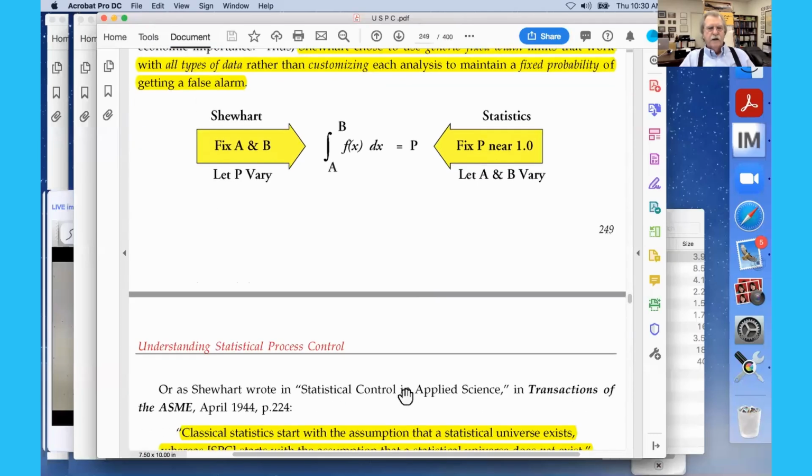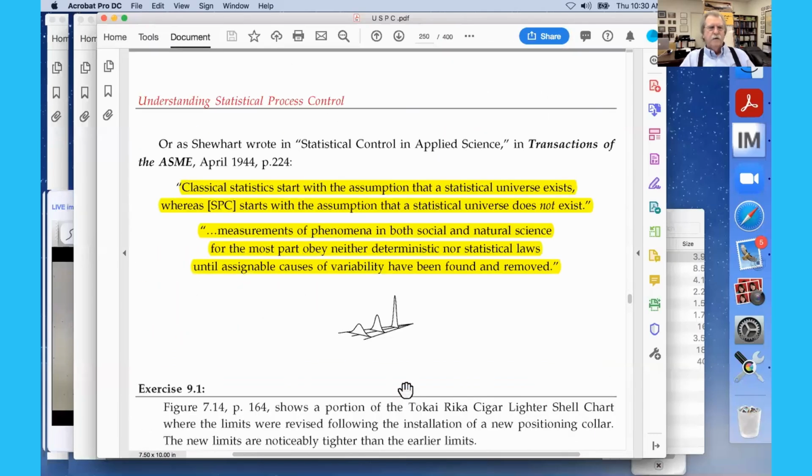So in an article in 1944, Shewhart wrote, page 250, classical statistics start with the assumption that a statistical universe exists, a probability model, whereas SPC starts with the assumption that a statistical universe does not exist.